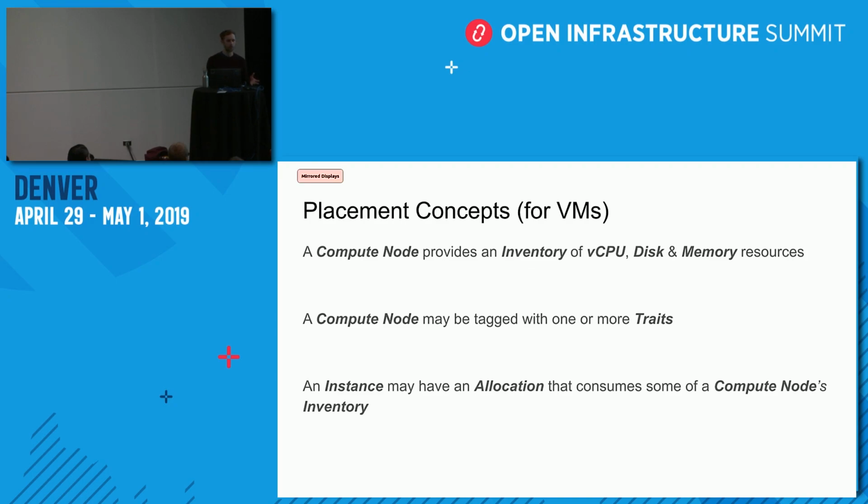So let's try and make that a bit more concrete. For VMs in particular, a resource provider, in this case a compute node, provides an inventory of vCPU, disk, and memory resources. Our compute node resource provider may be tagged with one or more traits, and an instance, a consumer, may have an allocation that consumes some of a compute node's inventory.